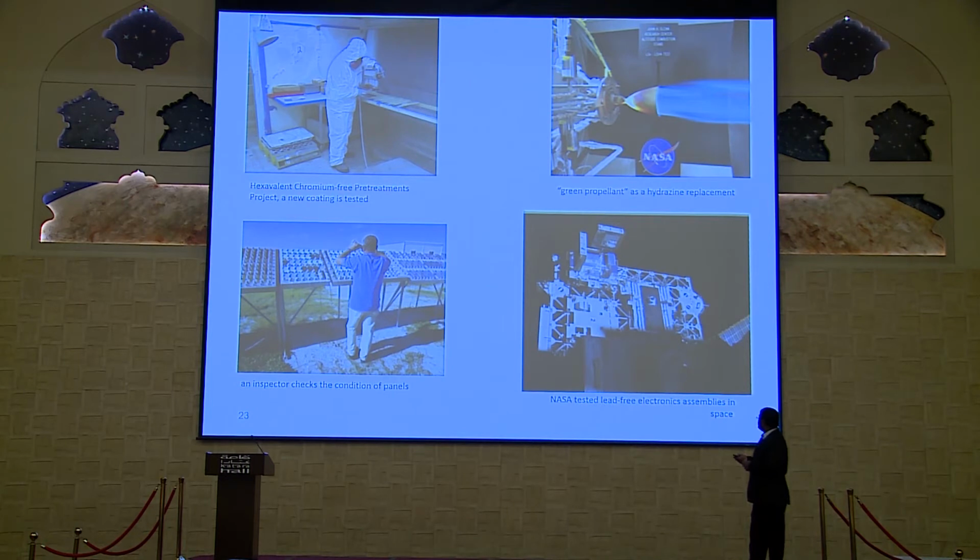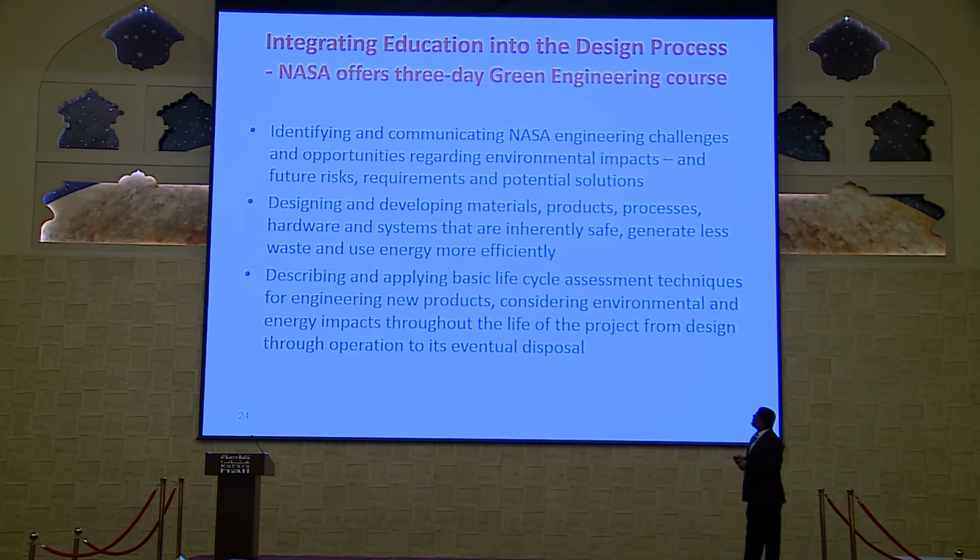So these are some of the pictures. The photograph in the lower right-hand corner is the International Space Station, where NASA tested lead-free electronics devices, and it is operating nicely.